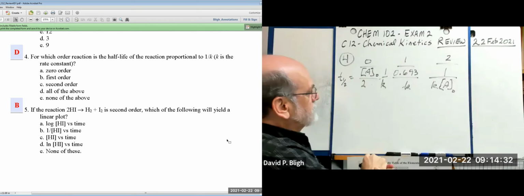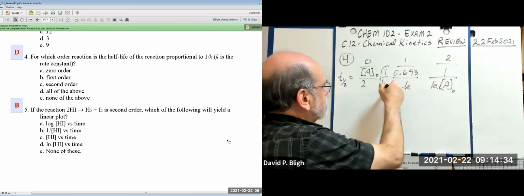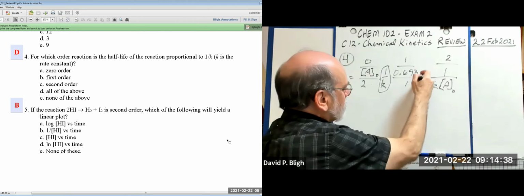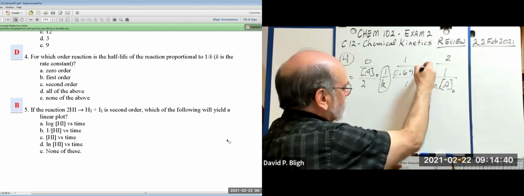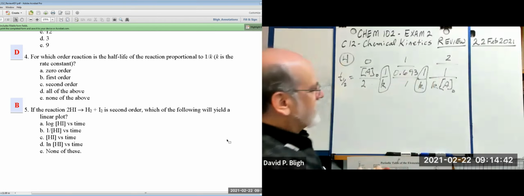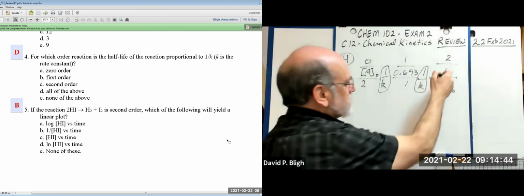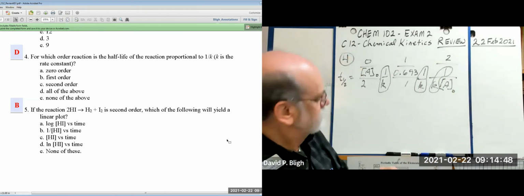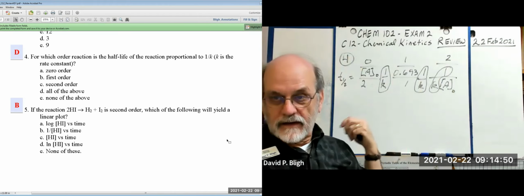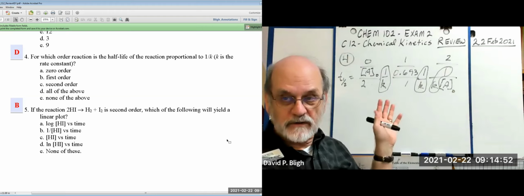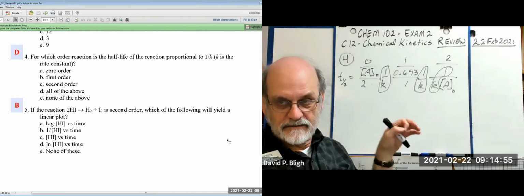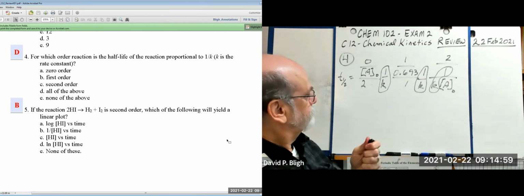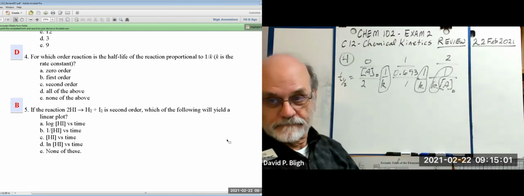Right? Factor it out. This one would be like that. And this one's already set up for us. Each one is proportional to 1 over K, to the inverse of K. The half-life, that is.